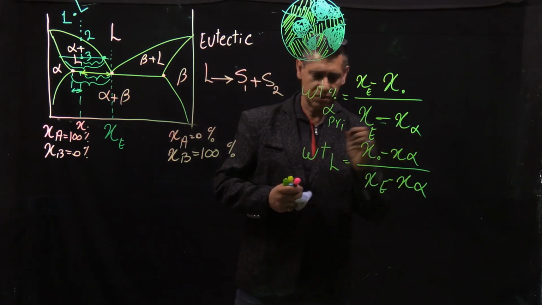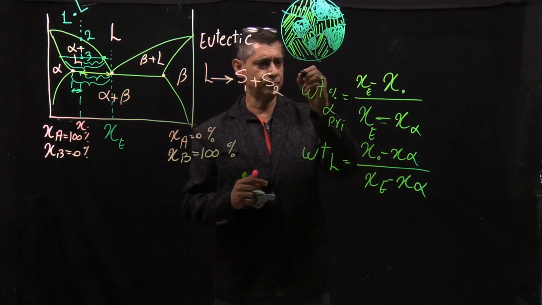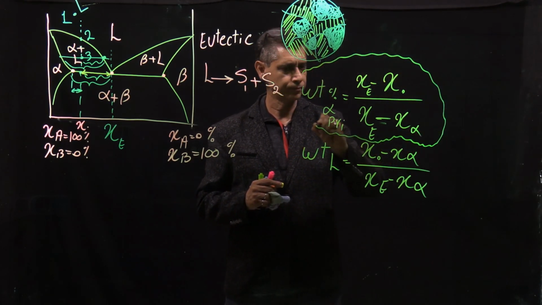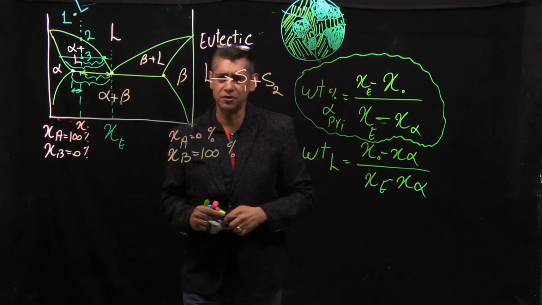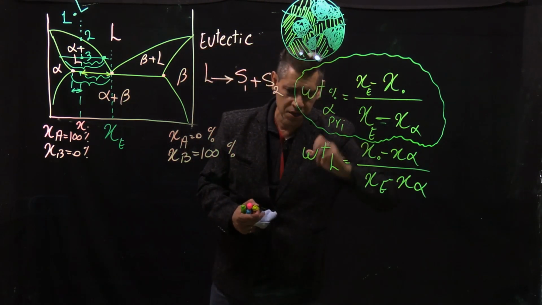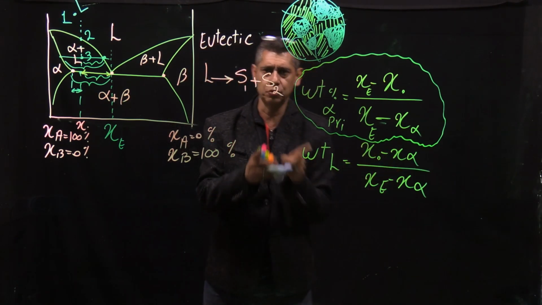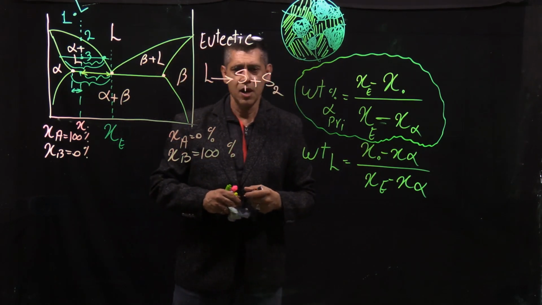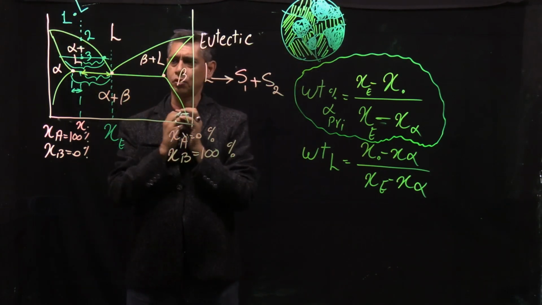So this term is already the solid. It does not participate in the phase transformation. The only currency we have is the liquid. Liquid goes to two phases. One phase is alpha, one phase is beta. But let's see how it goes to two phases.